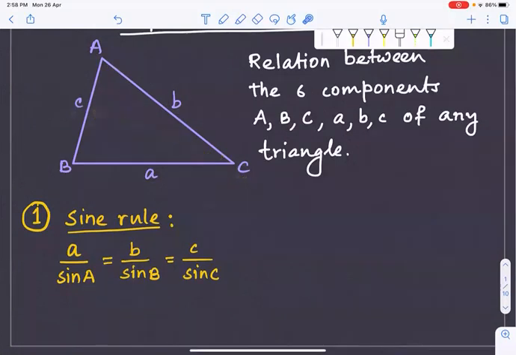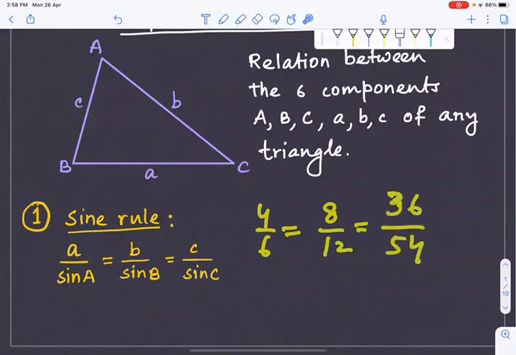This way we have to take it, and then we get this result. This is known as sine rule. So if ratios are equal, like if I say 2/3 equals 4/6 equals 8/12, equals 36/54, all they are equal, they are in proportion, or the ratios are the same, then I can say all of them are equal to 2/3 also.